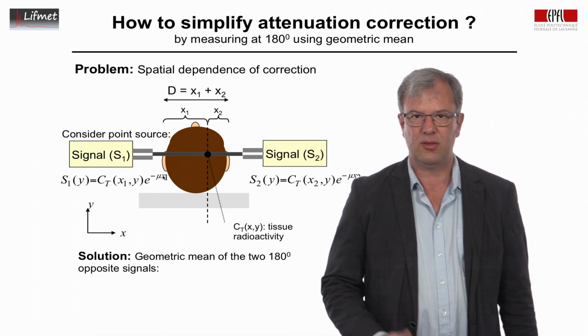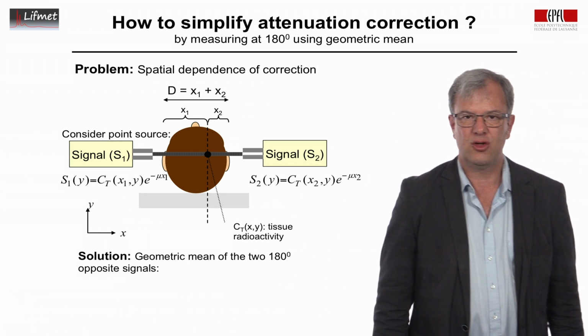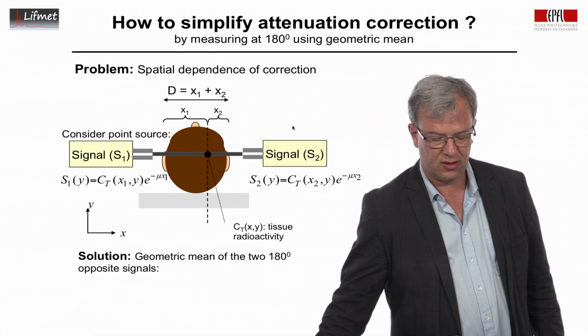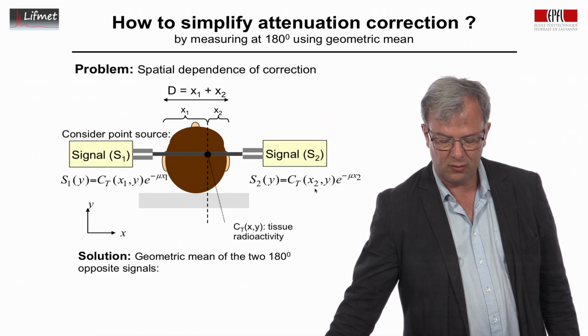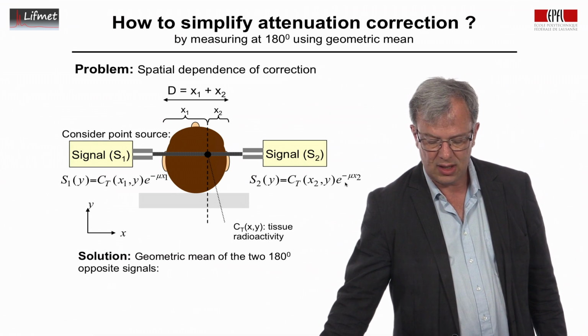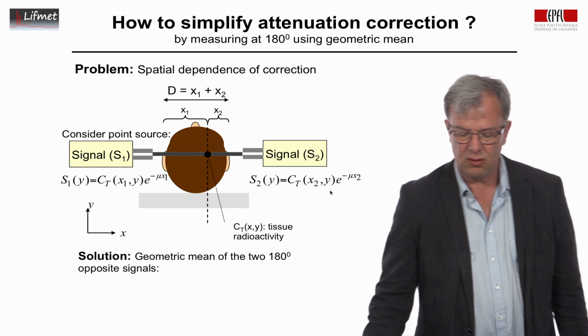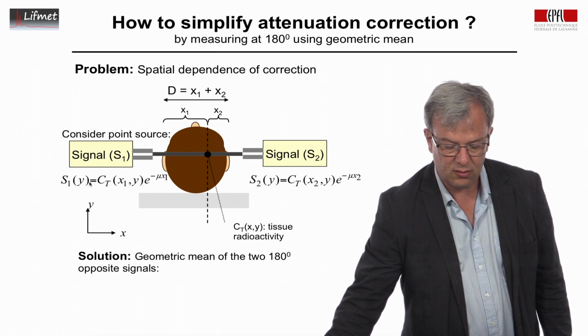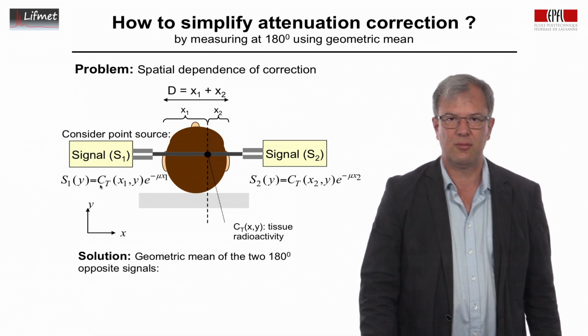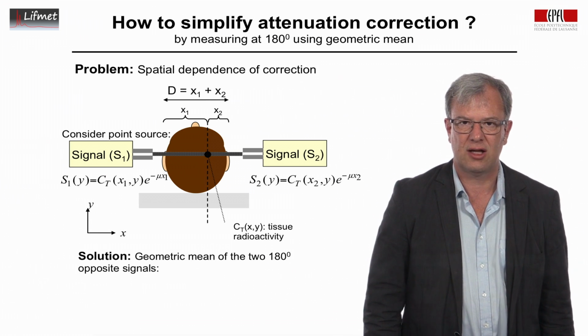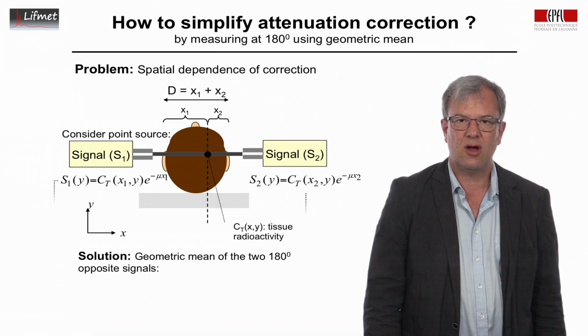We'll assume here for simplicity a homogeneous linear attenuation coefficient. On the right side, the signal S2 is given by the same tissue radioactivity times e to the minus mu x2. These are really not equal signs, they're proportionalities, but for simplicity we'll forget all the proportionality constants here. So now what can we do?